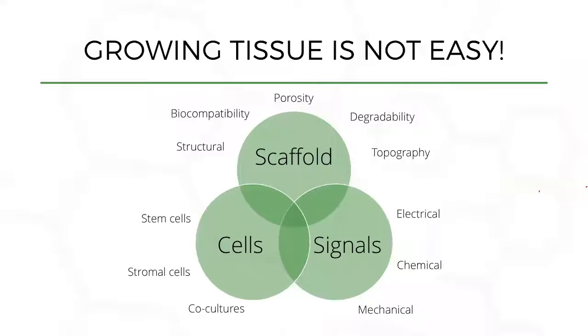And finally, when you think about signals that you feed into the cells, they're not only biochemical signals, like growth factors or nutrients, but we also need to think about mechanical and electrical signals that may be necessary to stimulate these cells to grow into the desired tissue and functional aspects of them.